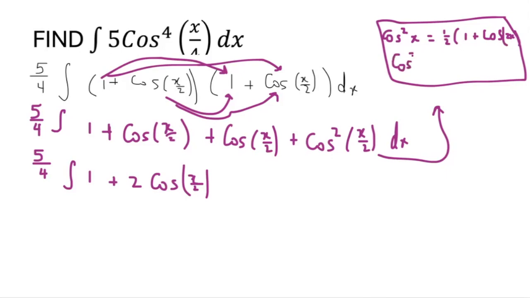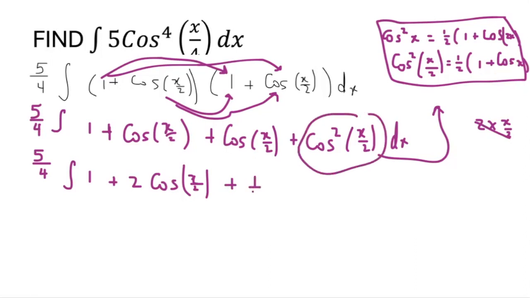So cos square x over 2 is equal to a half, open bracket 1 plus, and multiply x over 2 times 2. That's going to give me x. So therefore I would have cos x, because x over 2 times the number 2, the 2's cancel, so I'm just left with x. So right here I write plus a half, 1 plus cos x after applying the identity.